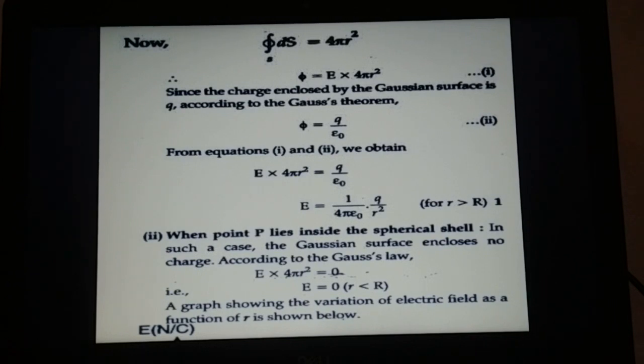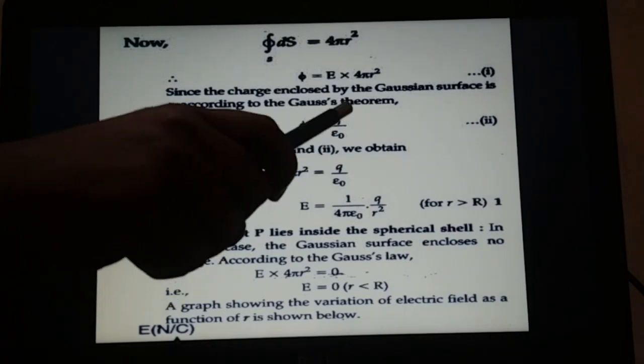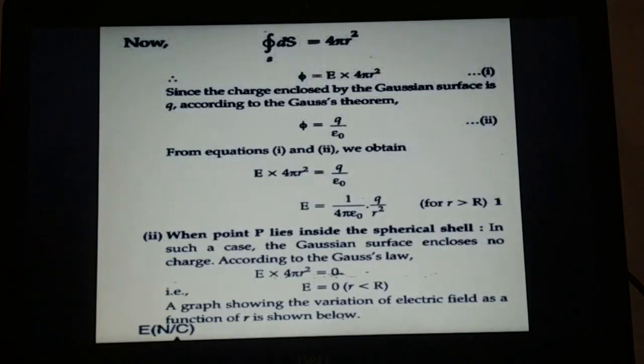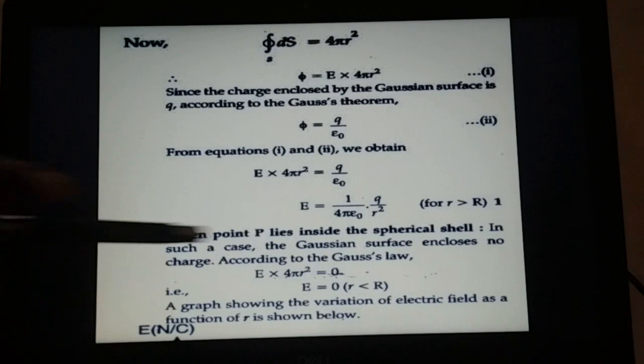Since inside the thin shell there is no charge, the charge enclosed will become 0. So phi equal to q by epsilon 0 becomes 0 according to Gauss theorem. Comparing 1 and 2, the second equation automatically comes to 0. So E into 4 pi r square becomes 0, which means E is equal to 0 when small r is less than capital R.